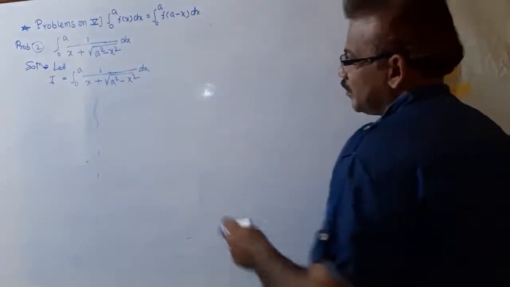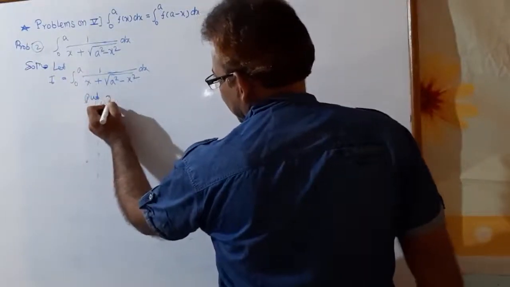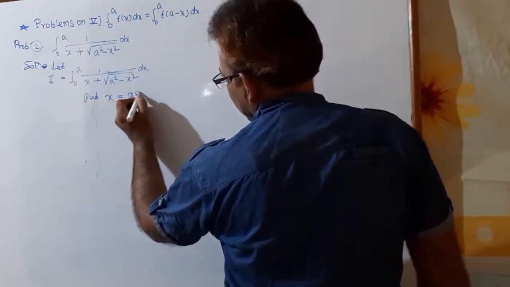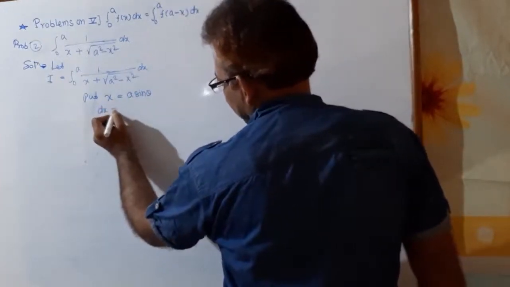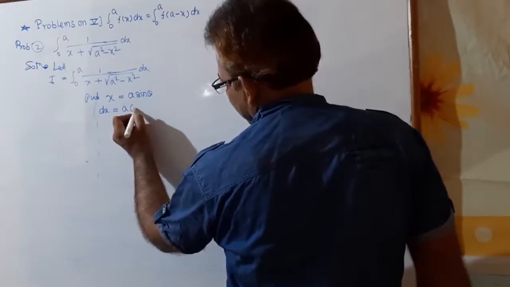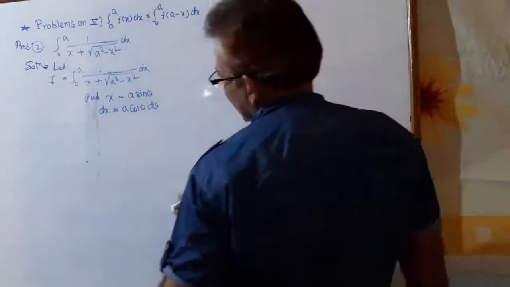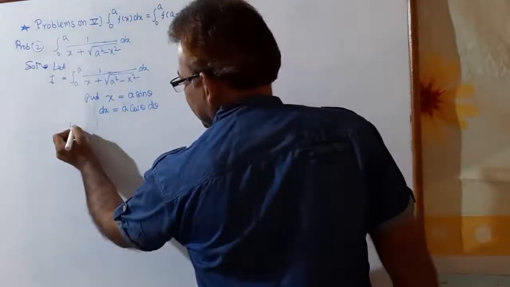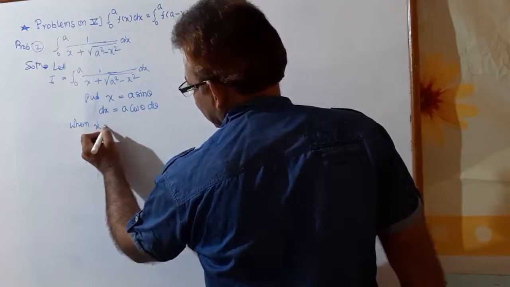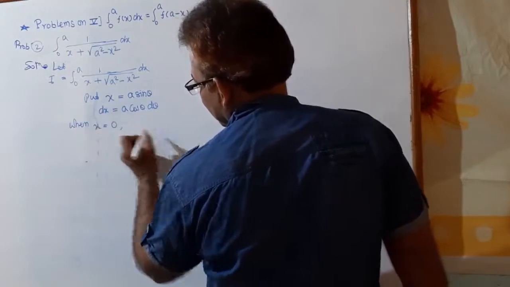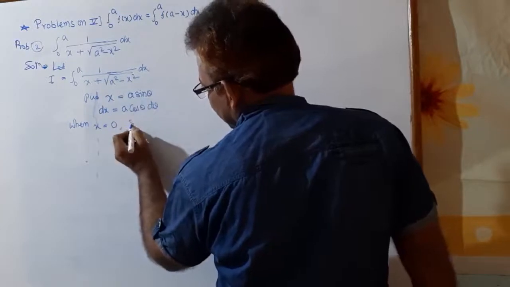We know that whenever the expression a square minus x square is there, we use the substitution x equals a sin theta. Differentiating, dx equals a cos theta d theta, since the derivative of sin theta is cos theta. Also, when we use substitution, we have to change the limits. When x equals the lower limit 0, we find theta.